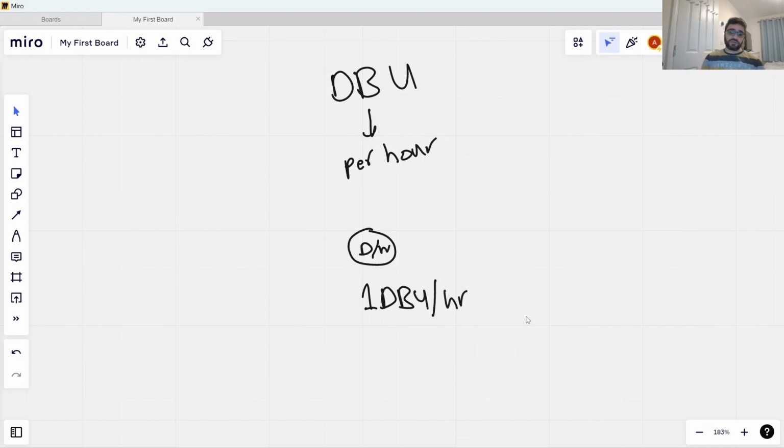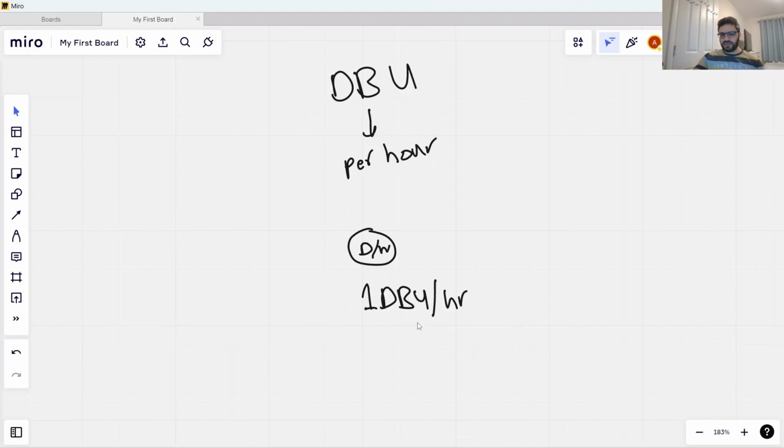Every time you run this cluster for 1 hour, you burn 1 DBU. It's like consuming 1 gigabyte of your mobile data when you download a movie.